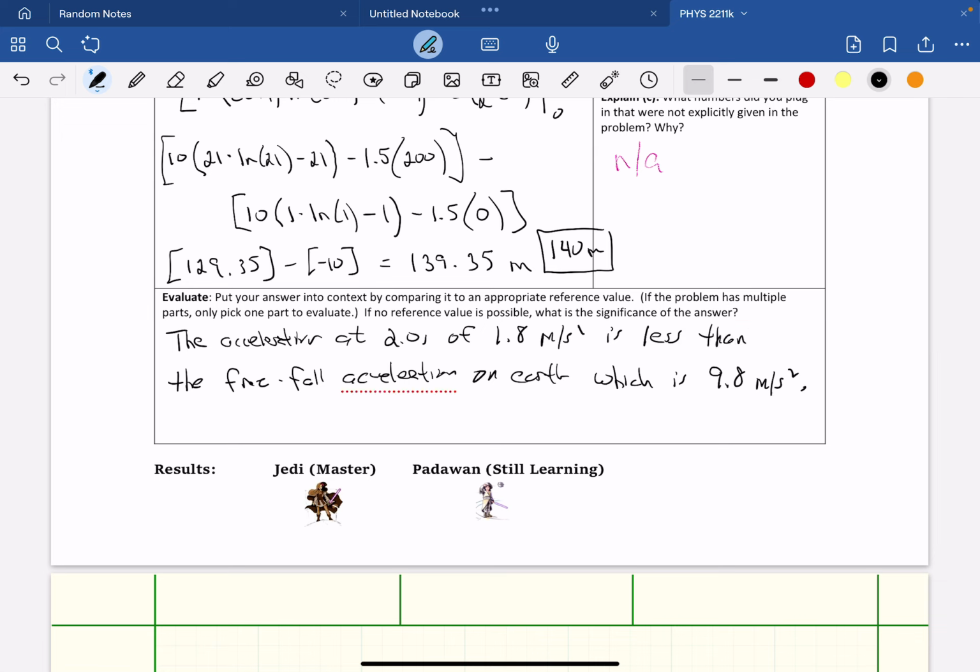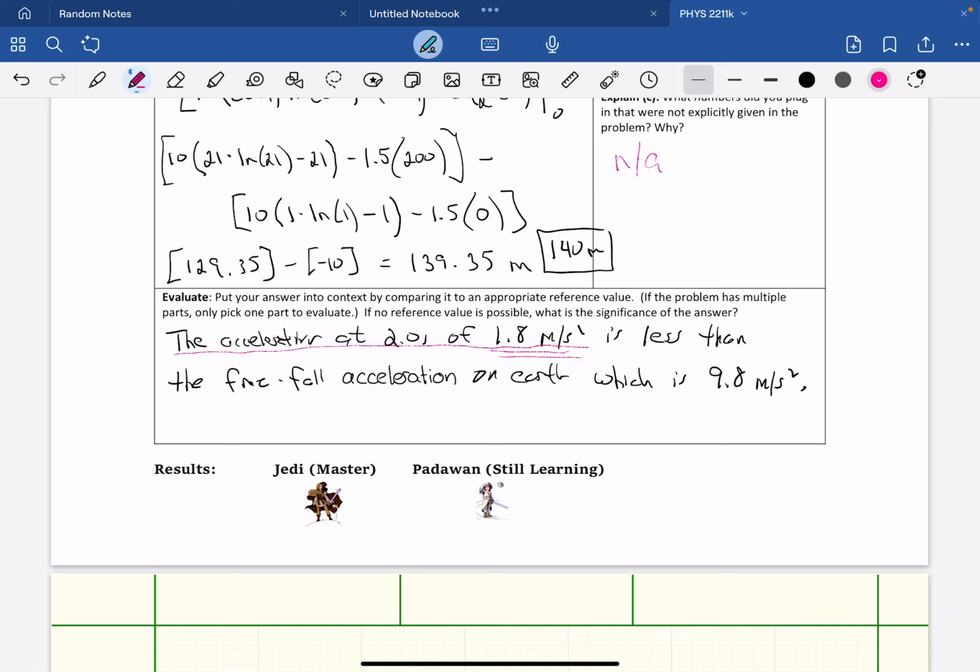Okay, so this is an evaluation of an answer. And what we're doing is we're picking one of our answers, and in this case, the answer we picked was the acceleration of the object at 2 seconds. So the answer is the acceleration at 2 seconds. I also wrote down the actual answer, 1.8 meters per second squared.